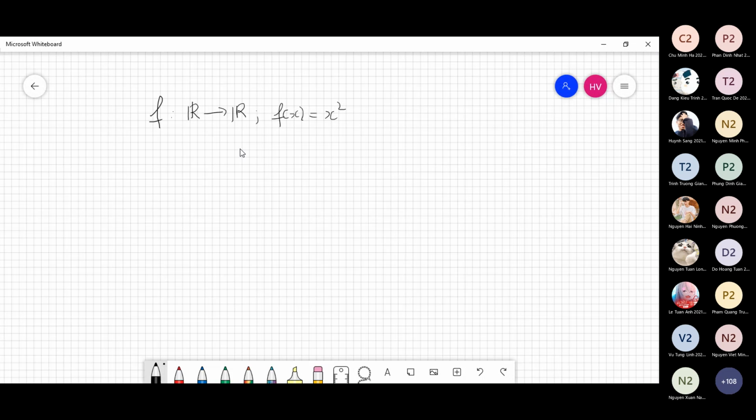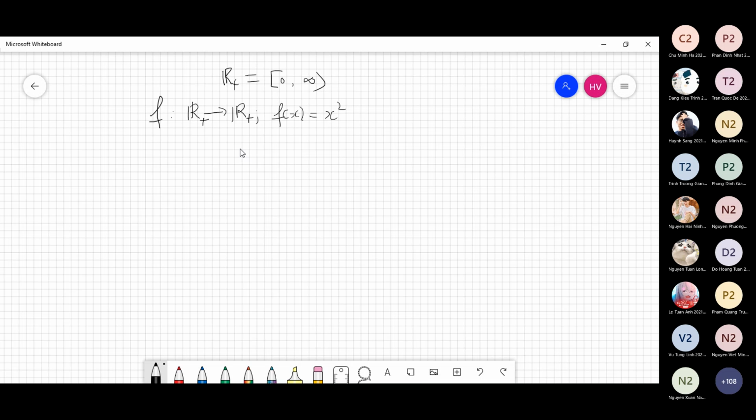This is not injective, so you cannot take the inverse mapping. Therefore you have to change the domain and the range. The range is simple. If I take the domain to be R plus, I remind you that R plus is simply the set from 0 to infinity. And the range is also R plus.